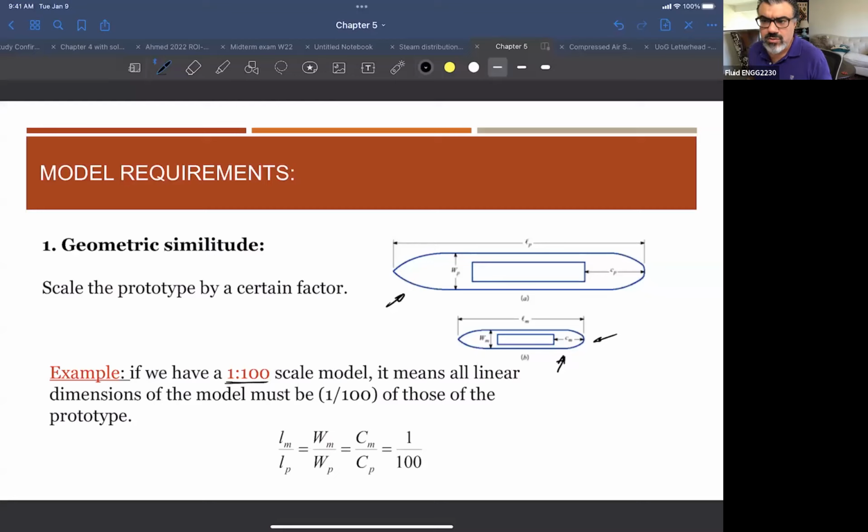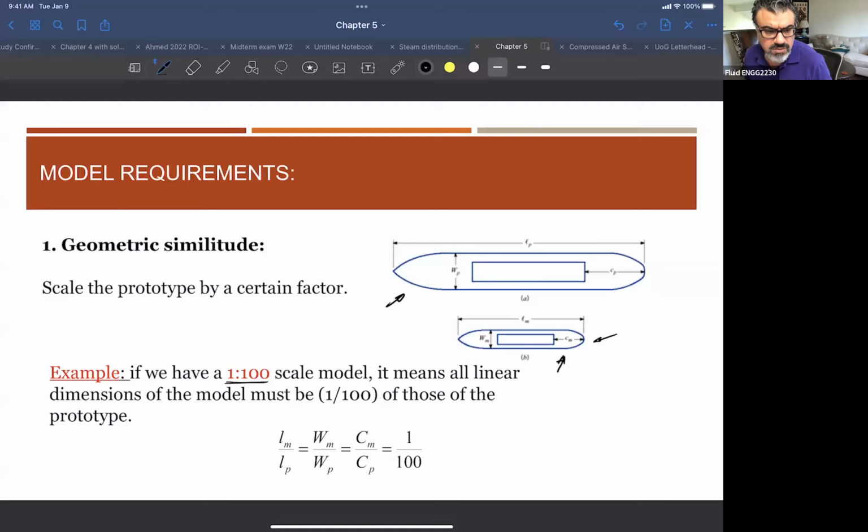And this is what you did, guys, when you did, for example, engineering drawing. So what you do is, for example, you look at a certain machine and you select a certain scale and you draw this machine on a paper, or on a small scale type of illustrations, right?